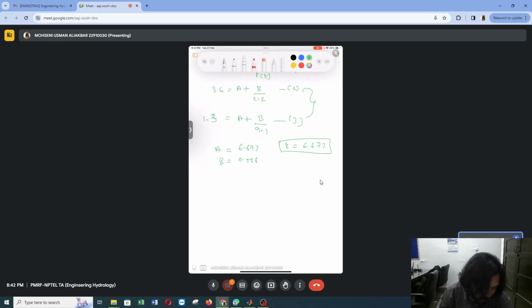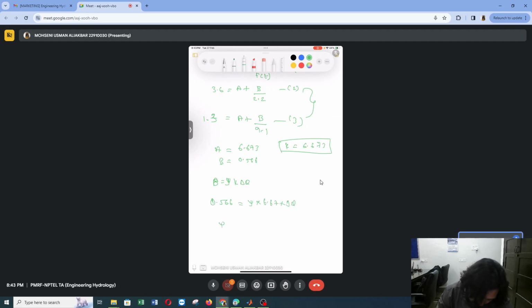Similarly, we want to calculate the values of the other variables. So how can we get these? b is nothing but psi K delta theta, right? And we know the value of K now, and also we know the value of b. b is 0.566, the value of K is 6.67, and that is multiplied by psi and delta theta.